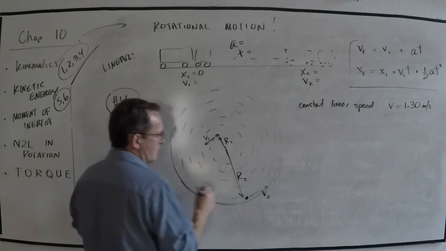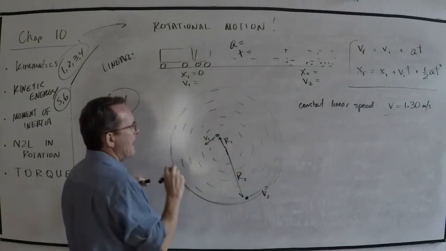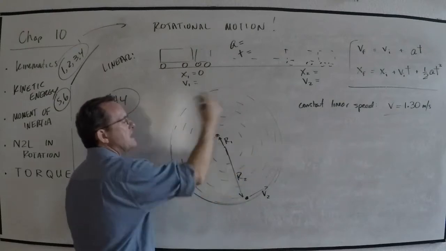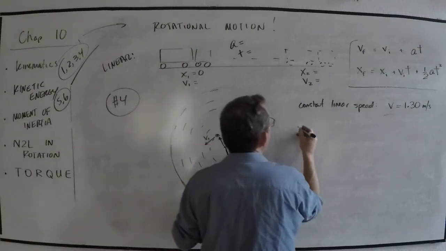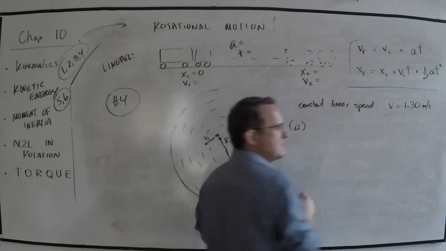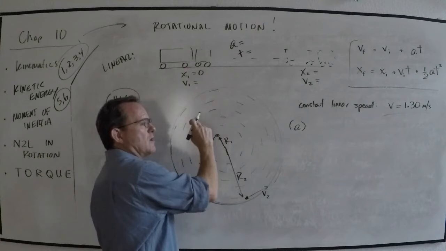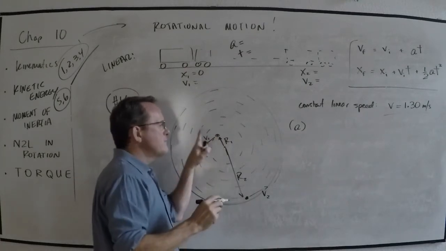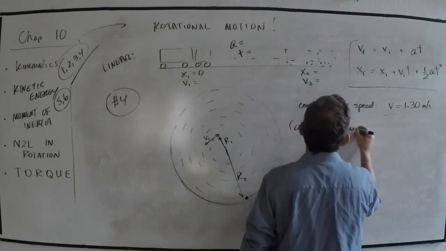So they're telling you V1 and V2 must be this speed. But what they're asking you for is, what is the initial angular velocity at the beginning? So what they're asking you to do is connect the rotational motion with the linear motion of this point. Just make that connection.